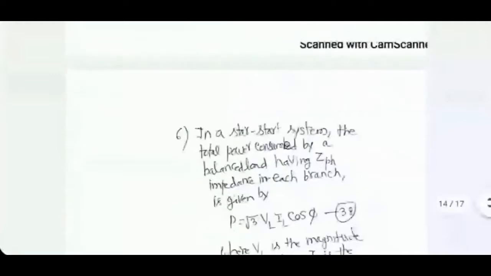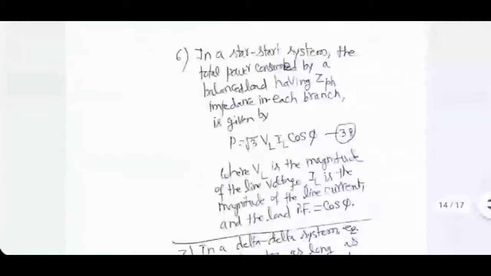The total power consumed formula is the same for both systems. It can be proven. For star-star system, we have proven it. Line voltage multiplied by line current multiplied by the power factor of the load, and the entire thing multiplied by square root of 3 gives you the total consumed power in a balanced YY system as well as in a balanced delta system.